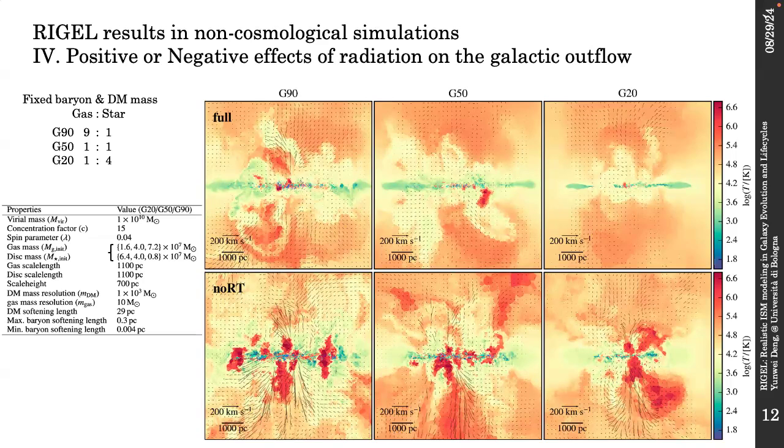The total baryon mass is the same, 10^8. G90 means there are 90% gas and 10% stars. G50 means there are 50% stars, 50% gas, and G20 means 20% gas and 80% stars. So in total, 6 simulations: 3 different initial conditions, with and without radiative feedback.